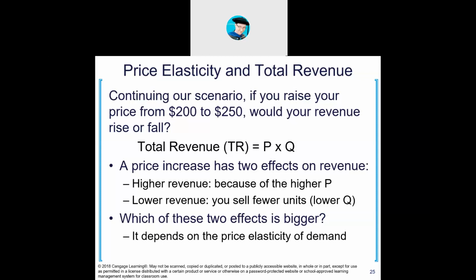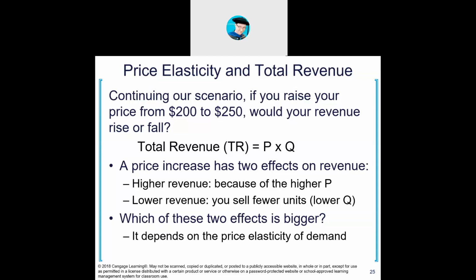But with a higher price, I'll probably sell fewer units. That's the basic law of demand: if I raise my prices, I'm going to sell less because people will want less at a higher price.